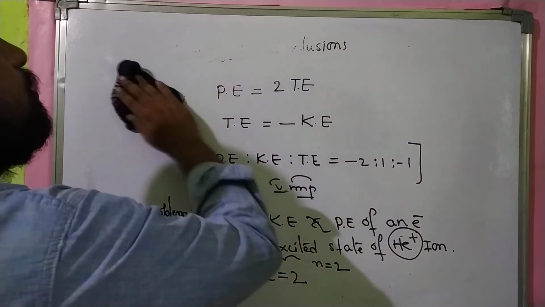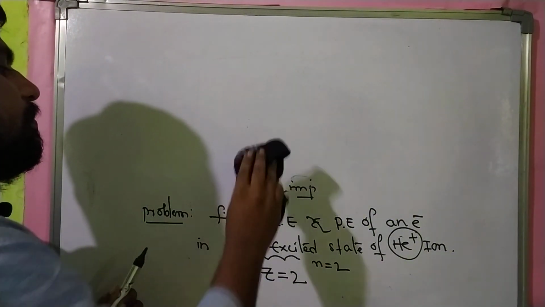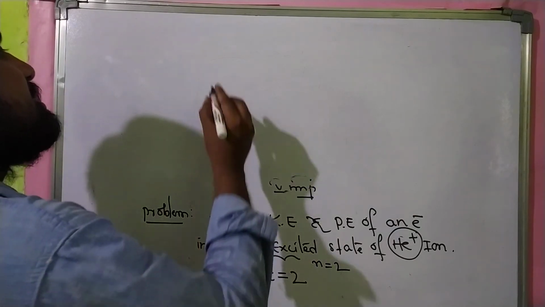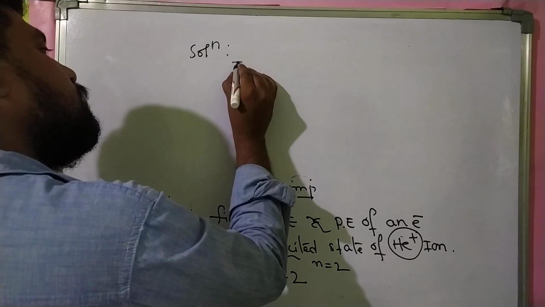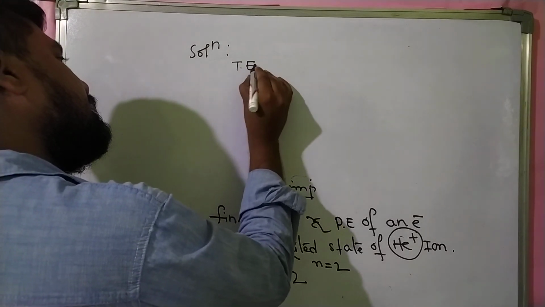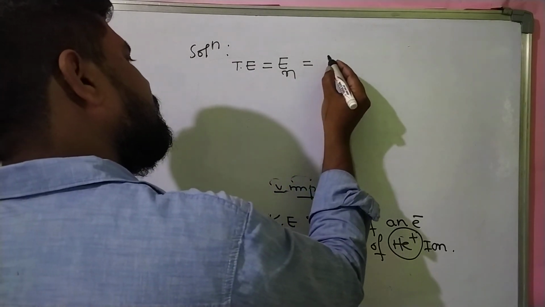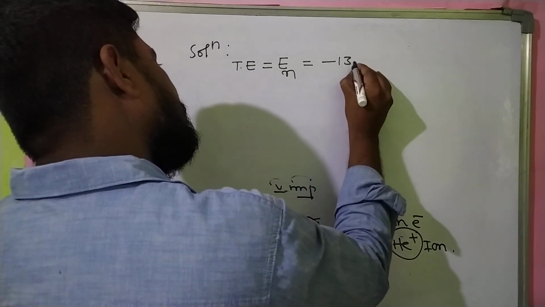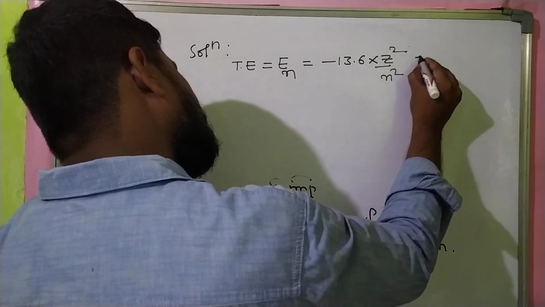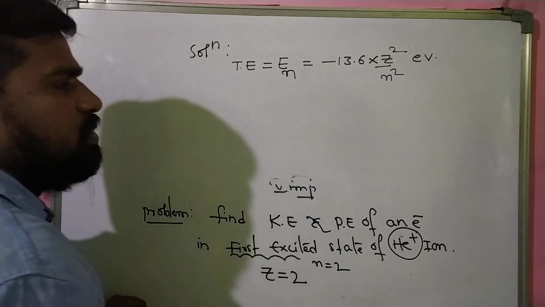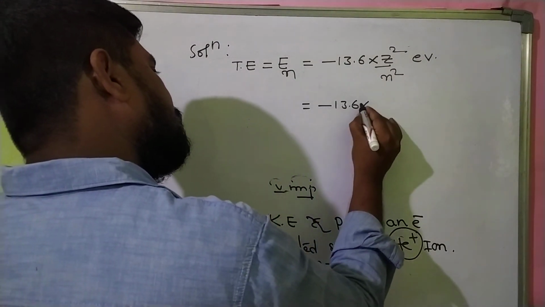Now, please do this problem on your own. Very easy solution. Now write total energy, say it is En, total energy equal minus 13.6 Z square by N square electron volt. Okay. Now that is minus 13.6 into what is the Z value?